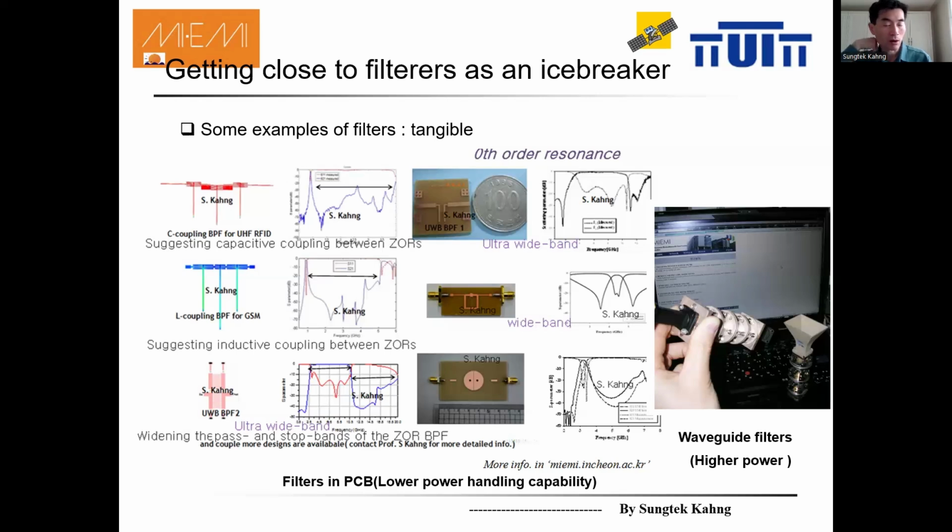Those frequency bands are notorious for being so low compared to 2.4 gigahertz or frequencies above 1 gigahertz. People needed really small filters for really low frequency bands. So that's why I took the challenge and I could come up with good filters.